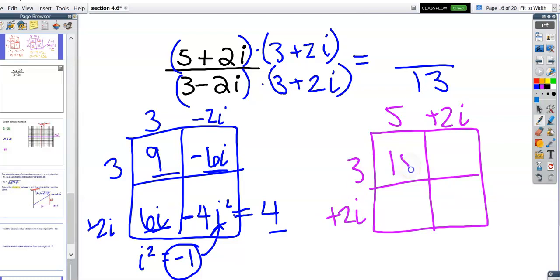5 times 3 is 15. 3 times 2i, 6i. 5 times 2i is 10i. And then 2i times 2i is going to be 4i squared. But we said that i squared equals negative 1. So this is the same as 4 times negative 1, which becomes negative 4.